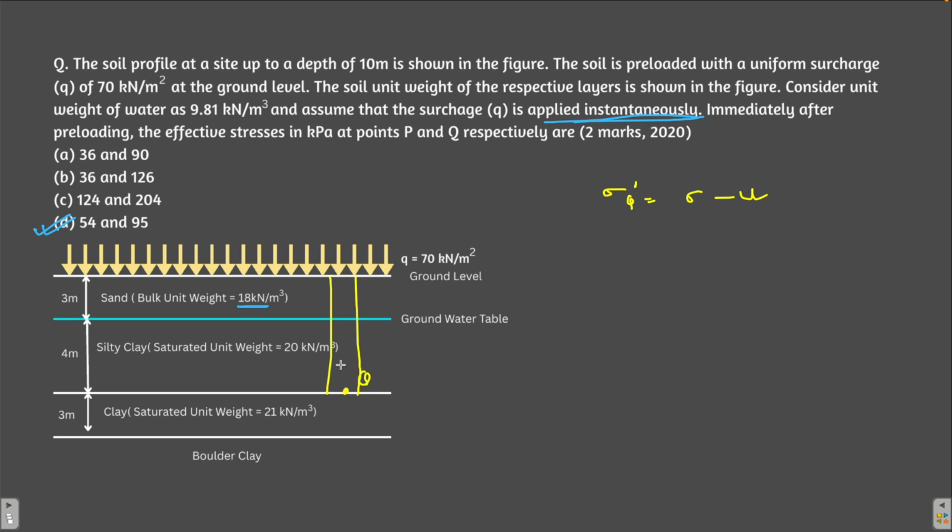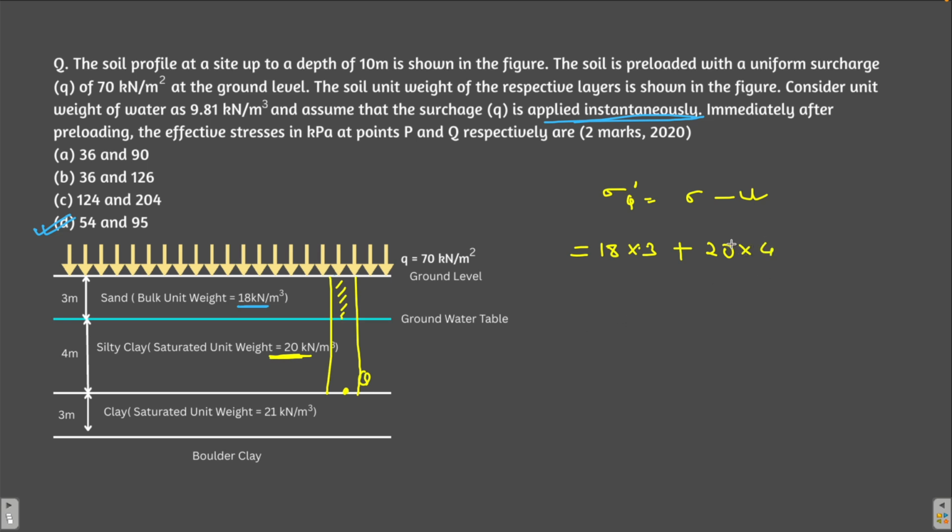There are two soils. So this soil up to here will be due to the bulk unit weight of sand. So 18 into 3, plus this will again contribute to the total stress, that is 20 into 4.